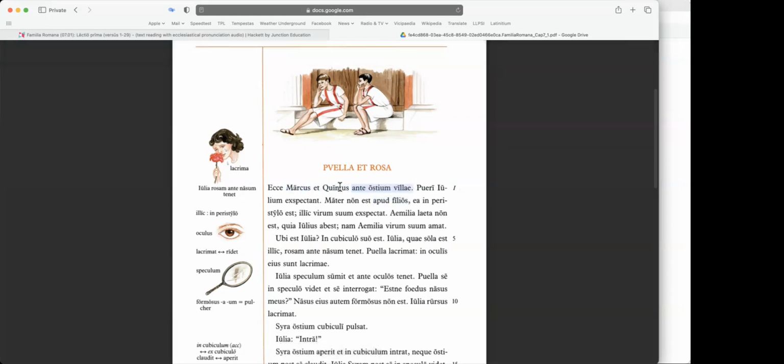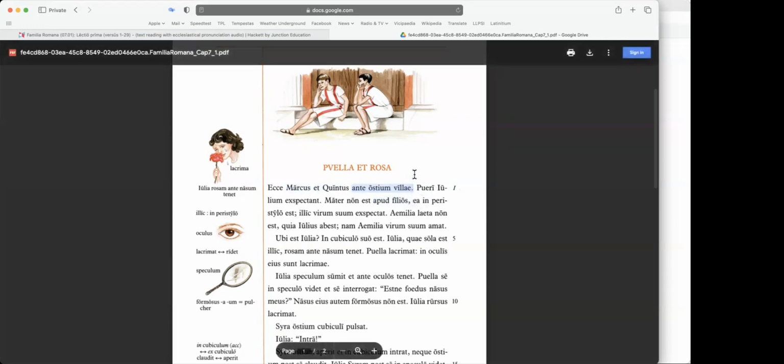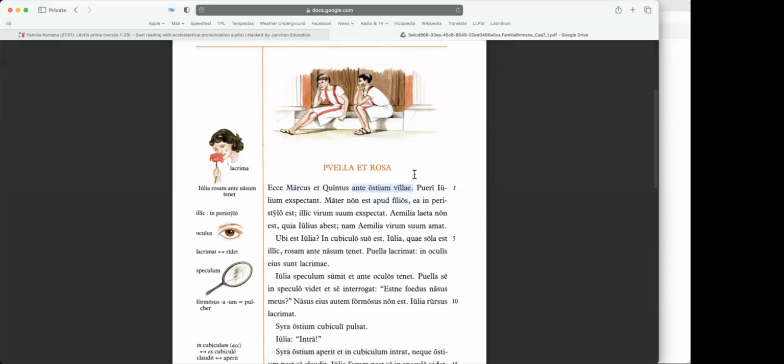You could play with that, but the ante ostium villae has got to go together. Because if you split off the ostium, then you don't know what noun is associated with that preposition.